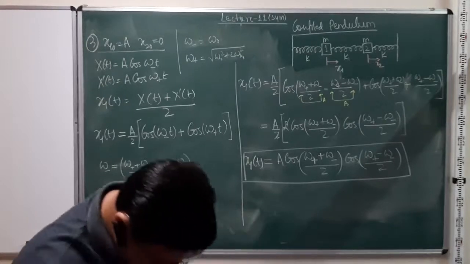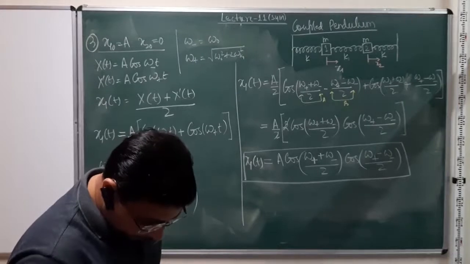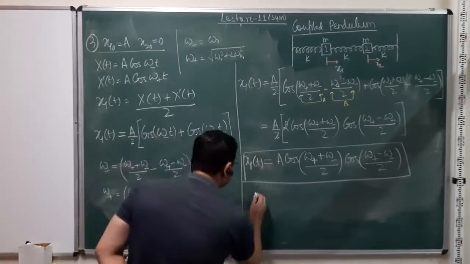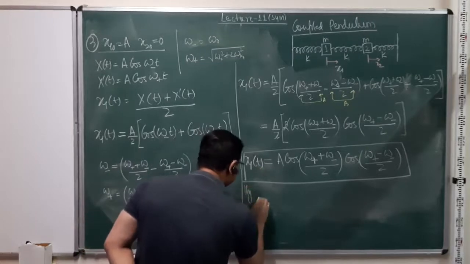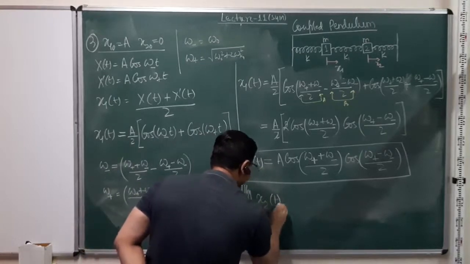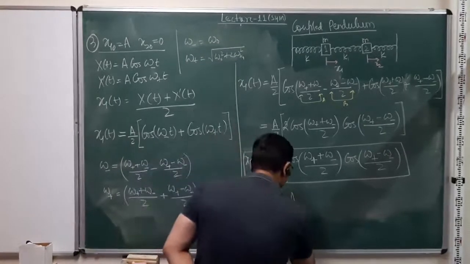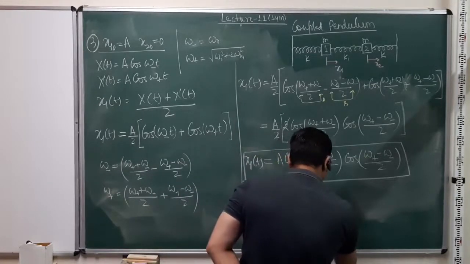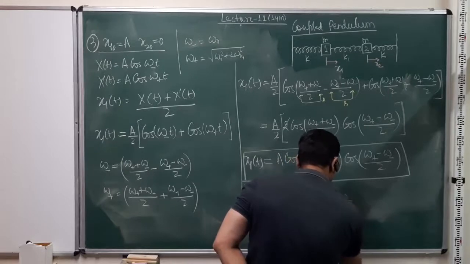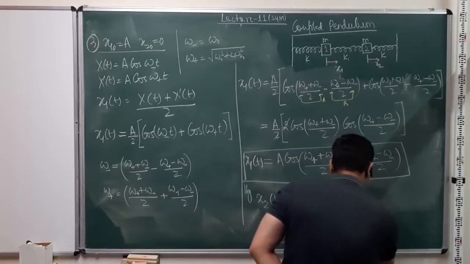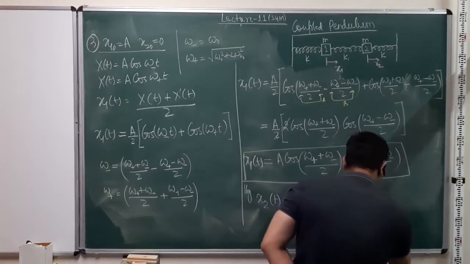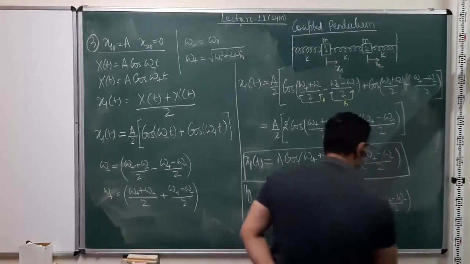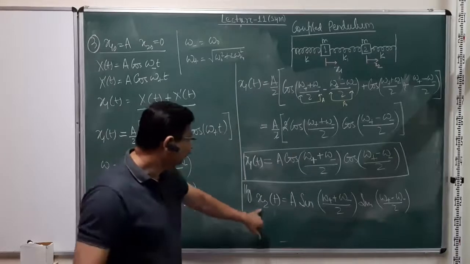No, probably I'm okay with this. Similarly, I can also write down x2. You can follow exactly the same scheme, and what we will get is omega plus omega minus by 2 and sine of omega plus minus omega minus by 2. So that is exactly for x2.